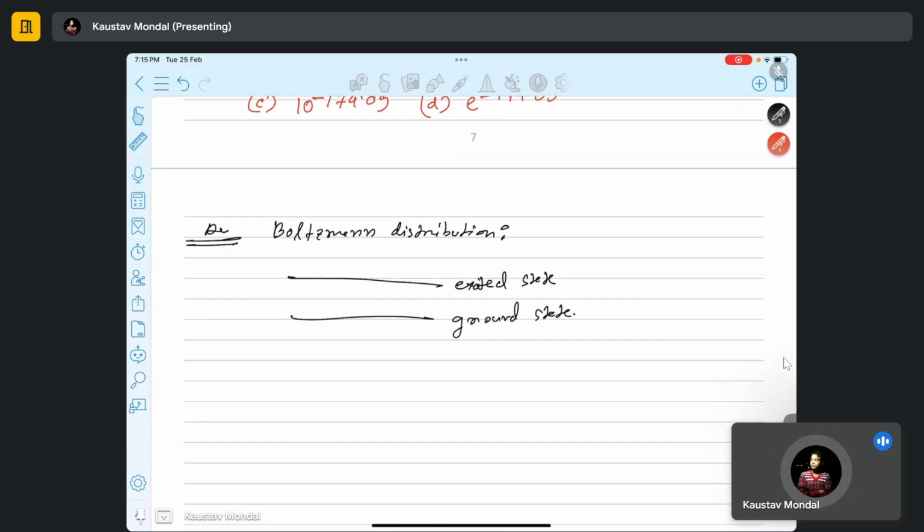Let's suppose there is a total of n particles, and out of these n particles, n ground is the number of particles in the ground state, and n excited is the number of particles in the excited state. Ground plus n excited.